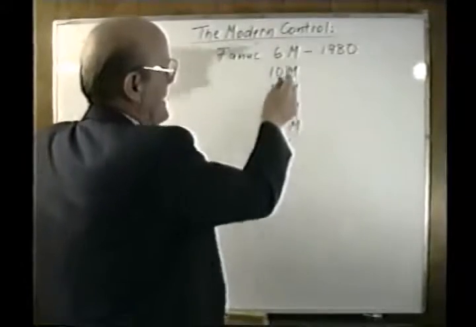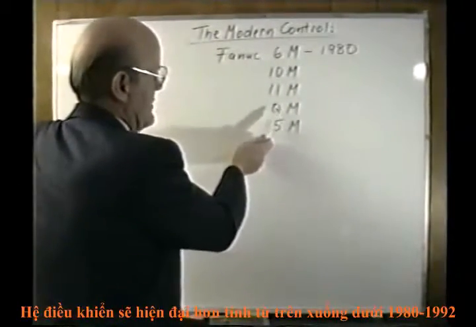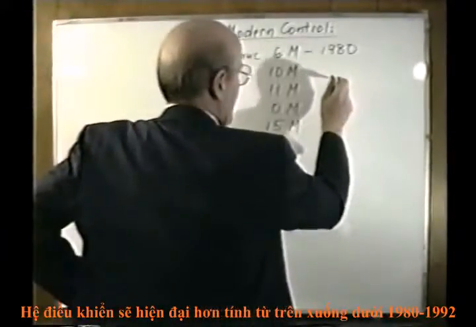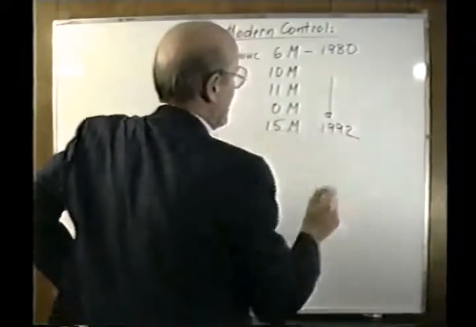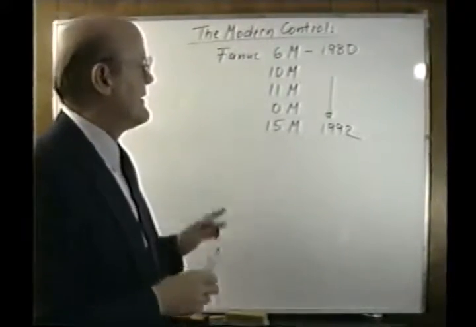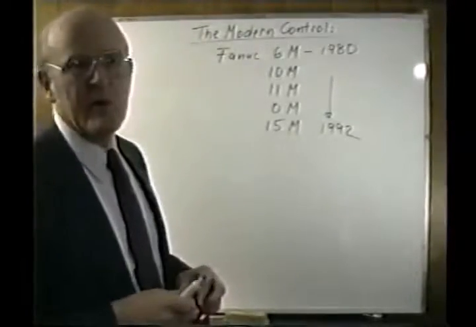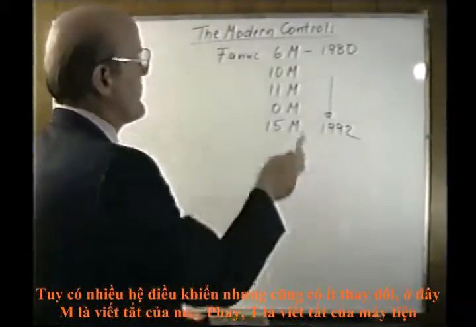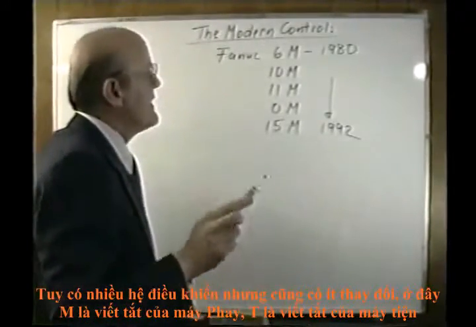Now, since then, there have been a whole number of controls. There have been a 10, 11. Right now, 0 and 15 are the controls that would be on most new machines. And that would mean right now we're in 1992. Now, there have been a lot of control changes as far as control numbers. The inside has been worked on. It's been made more reliable. But the really nice thing about all this is that the programming method that was developed back in about 1980 for the 6M control has been changed very, very little.